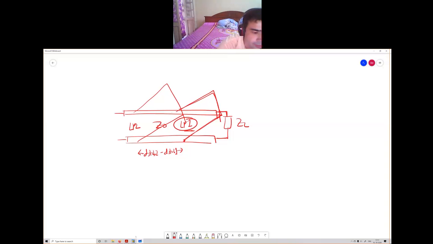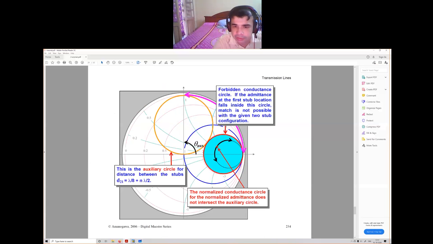So, see here, if my admittance point at LP1 is here, then we can move either this way or this way. We cannot by any means reach the orange circle. Is it possible for us to reach the orange circle here by moving on this circle?